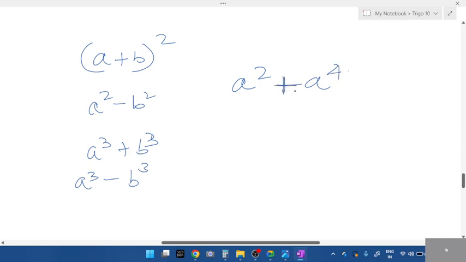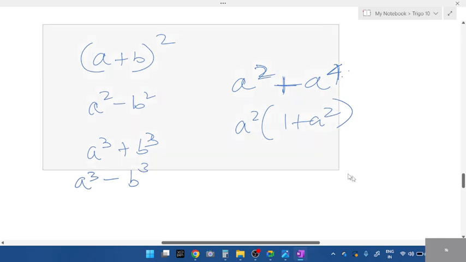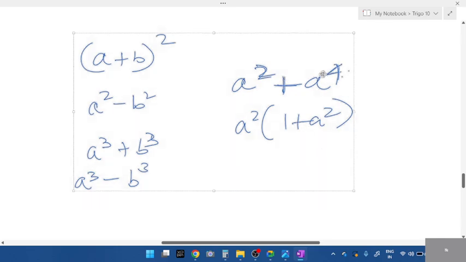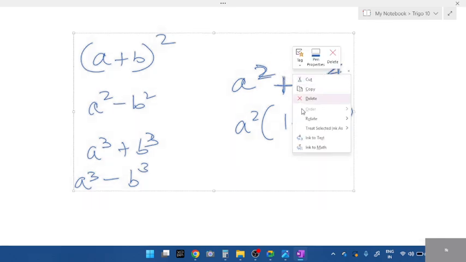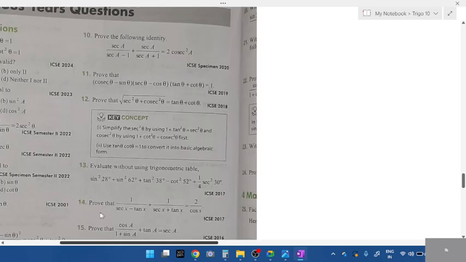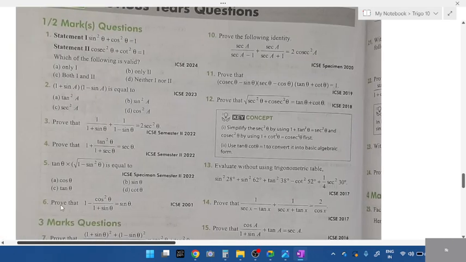Pending in the sense they don't give such questions. You have to take the common value. a square is common here. You get 1 plus a square. Just look at the degrees. So first we'll complete this. Later I'll check if such questions are given. I'll give it for a test and some other day we'll complete those.